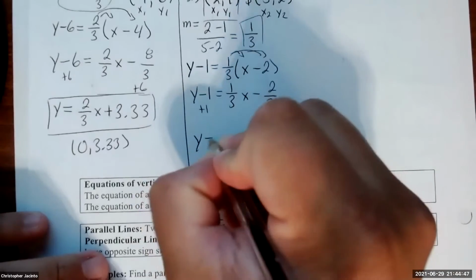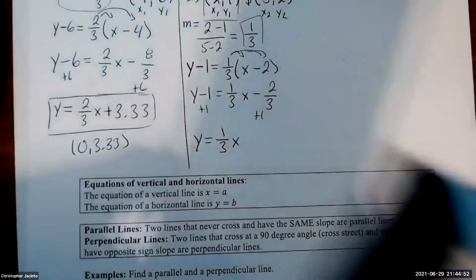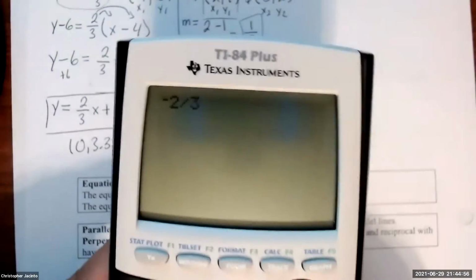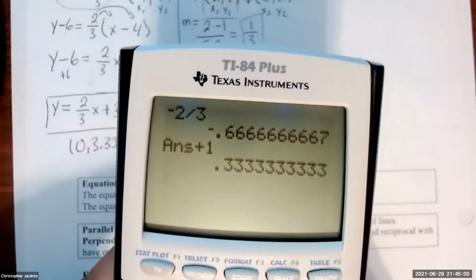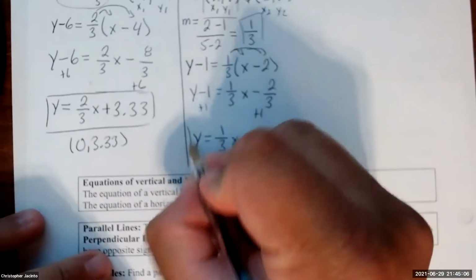Okay, just like last time, add 1. And let's see what we get. So same thing. And then we're adding 1, so 0.33. So that is our line right there.